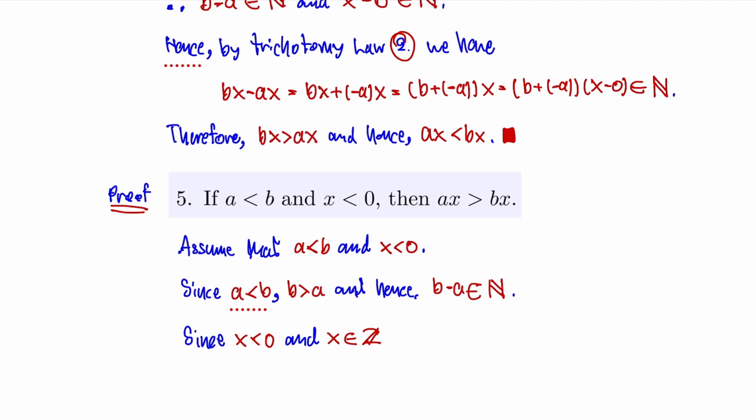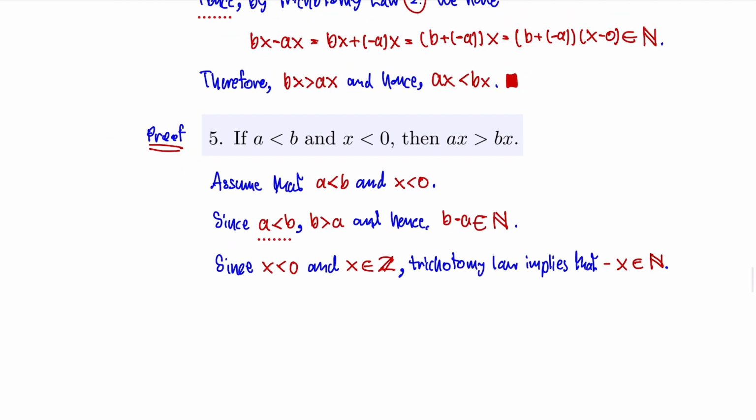By the trichotomy law, what does it imply? It implies that minus x is a natural number. So once we have these two natural numbers, b minus a is a natural number, and minus x is also a natural number.